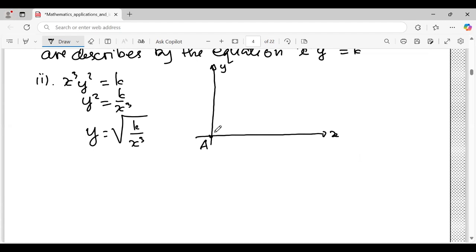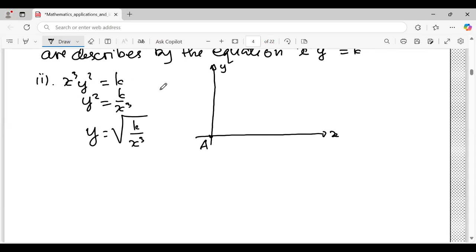Near the equilibrium (0, 0), the trajectories will be the curve x cubed y squared equals k, and will move outward from the origin, to the positive area. If x equals 0, y will be undefined.